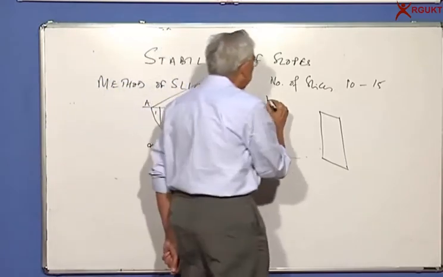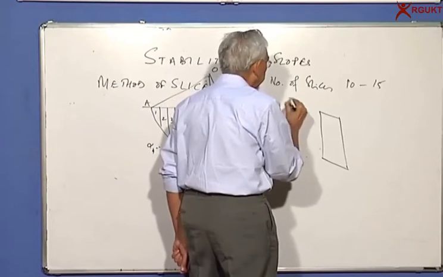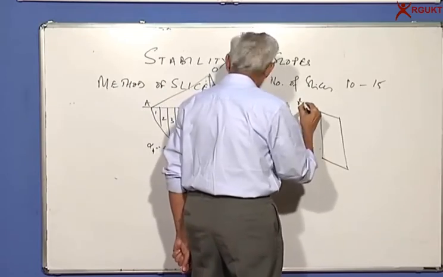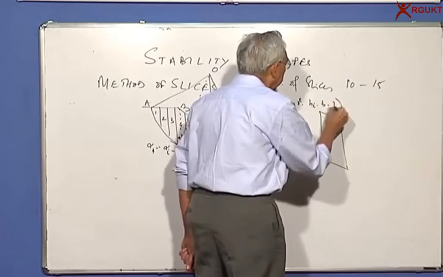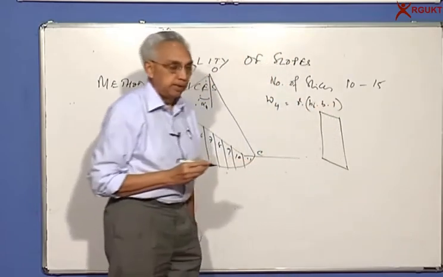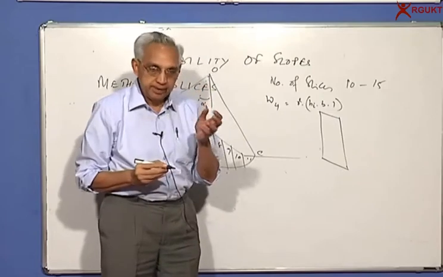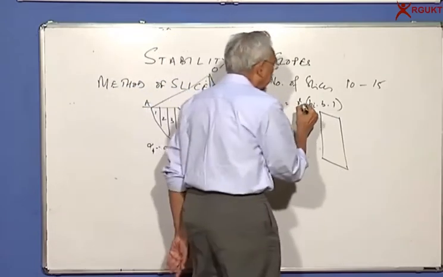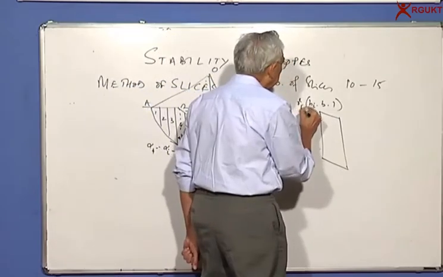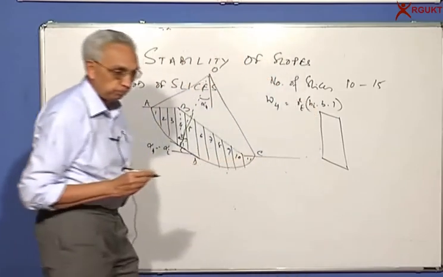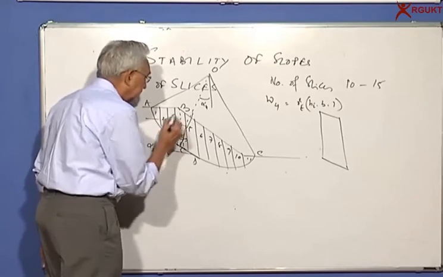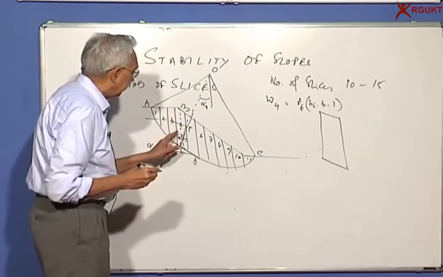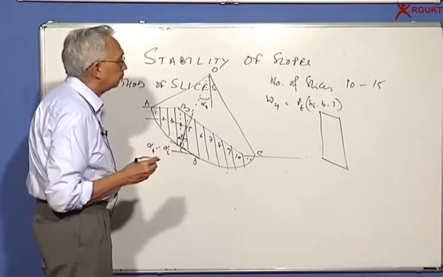So the weight of the fourth slice is gamma into h i into b, and of course 1 perpendicular to the board. If it is a saturated soil, you take gamma saturated. Otherwise, generally, slopes are rarely saturated, so we say gamma total. We'll come back to another situation where if the water table is high, you will have gamma total here and gamma saturated below.